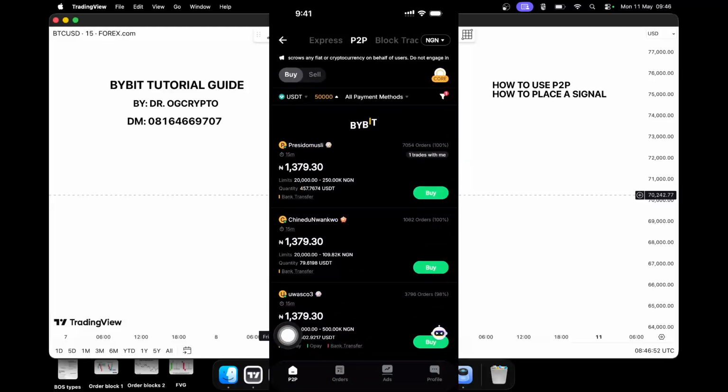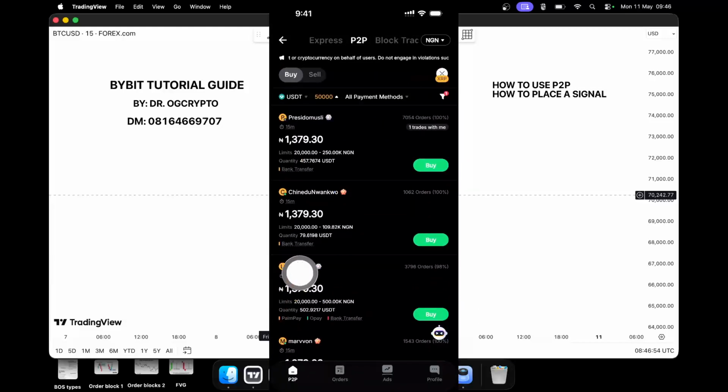You see it's loading. Now you see the people that want to sell around 50,000 naira; these are the people. You understand? So now let's look at this person. He has completed 1,062 orders and he has a rate of 100%, meaning you can buy from this person, he is reliable. Look at this person too.